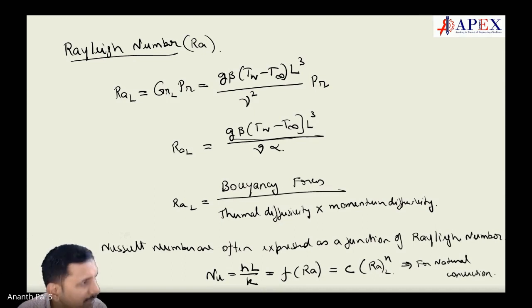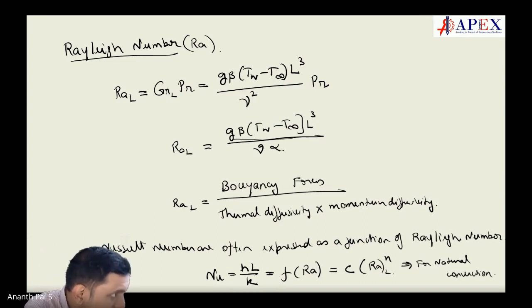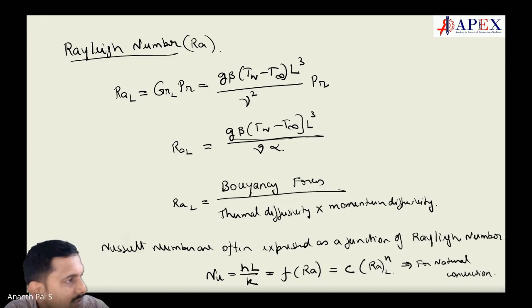It represents momentum diffusion: how momentum is diffused, and how temperature is diffused. The physics is that there is momentum diffusion and thermal diffusion, both happening in natural convection, so that it is represented.